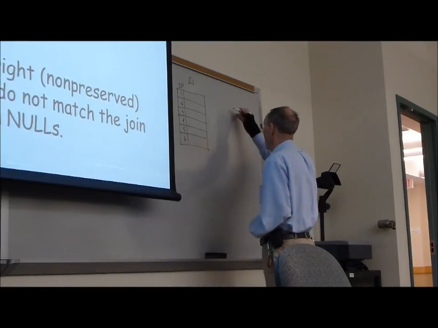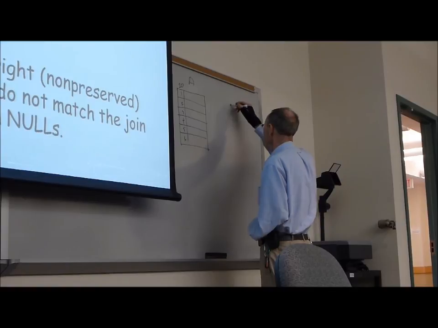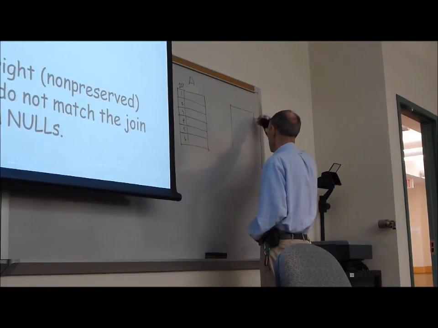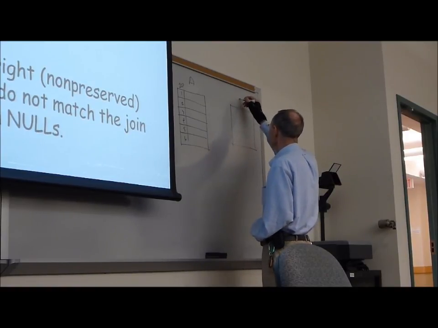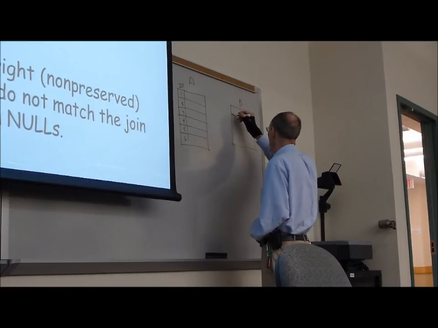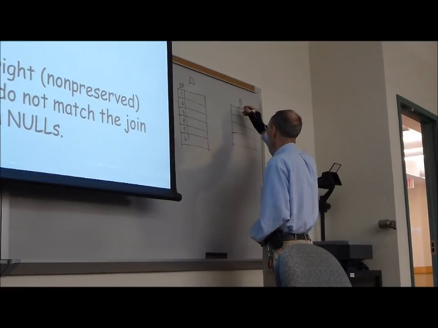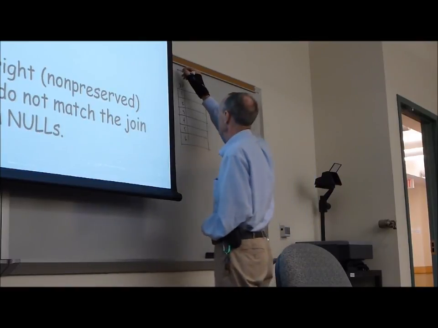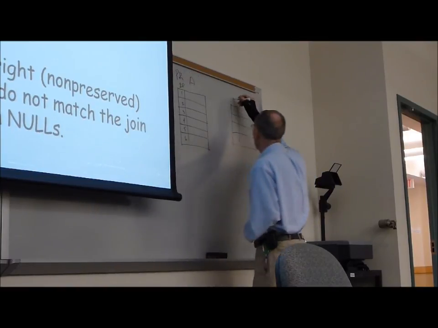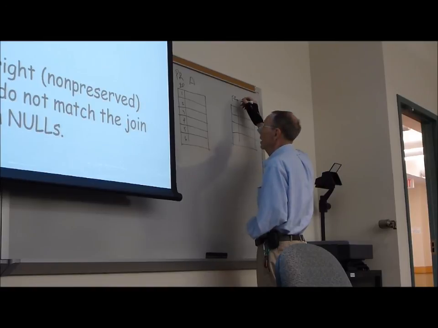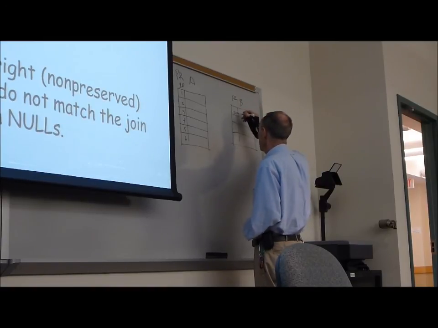Simple. And over here, I've got table B. It only has 4 records in it. This is a primary key here. This is a foreign key here. And I have 2, 3, 5, and 6.